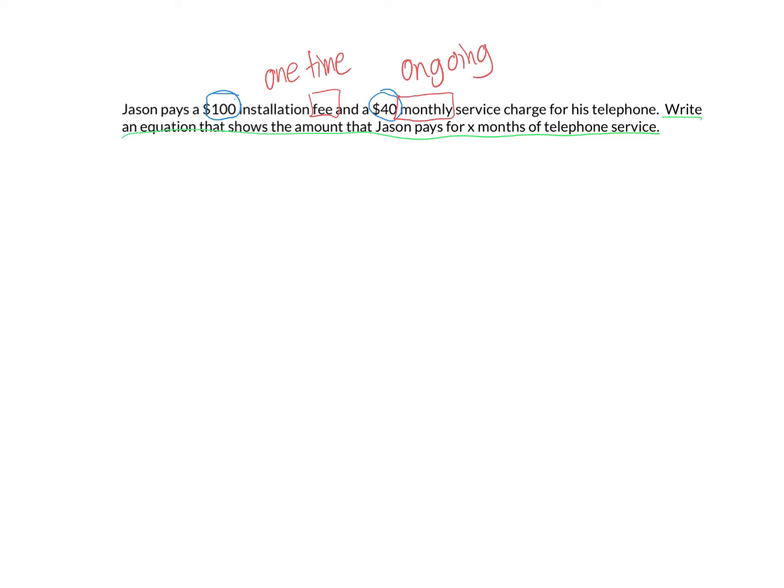So previously when we wrote equations, we would write this as 40x plus 100, because the 40 tells me that it's ongoing and the 100 is the one-time fee. The only change that we're making to this is that instead of just making it an expression, remember an expression does not have an equal sign, we're going to make it equal to y. So you're still going to write your expression, then it's going to be equal to y.